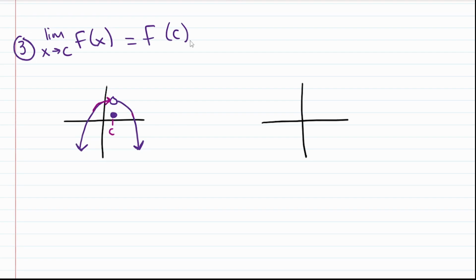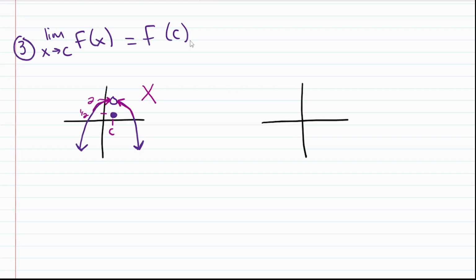We're approaching the same value from the left and the right. So say this is y equal to 2. Our limit as x approaches c of f of x would be 2. But our value f of c, if we plug in c, say that's like 1/2. So f of c would be equal to 1/2. So they do not equal each other. So this would not be continuous.